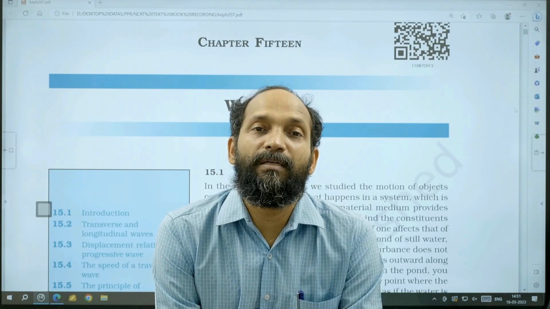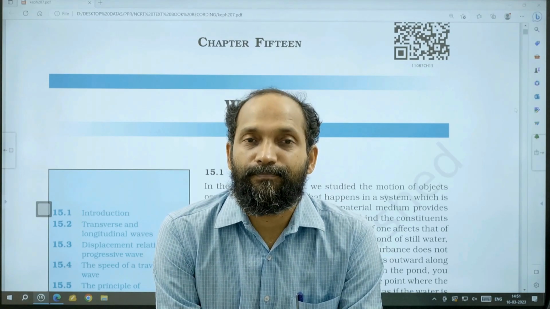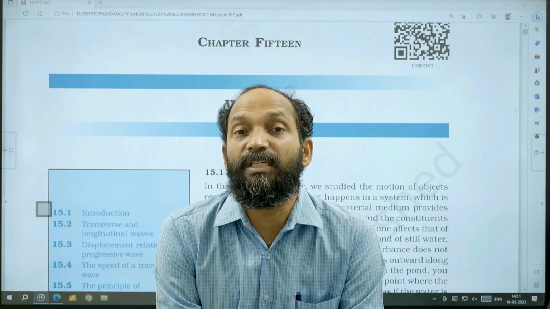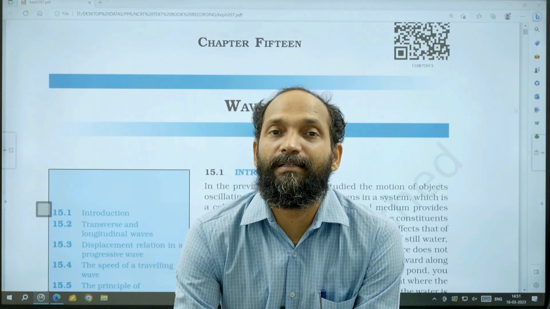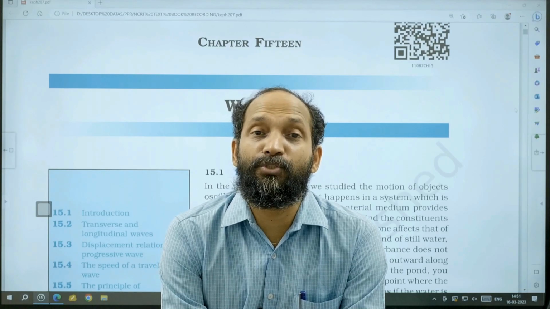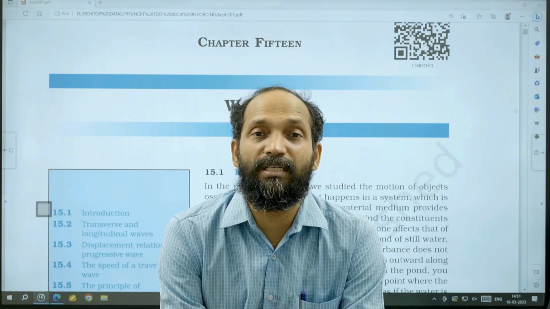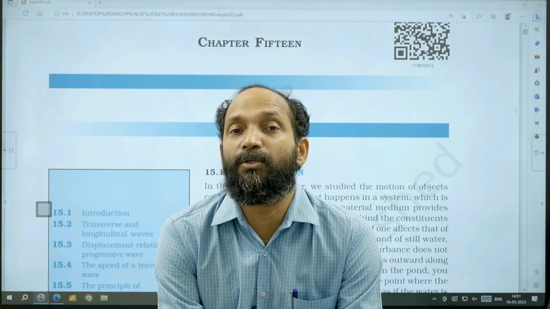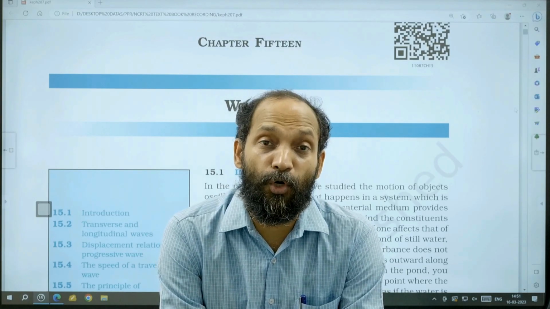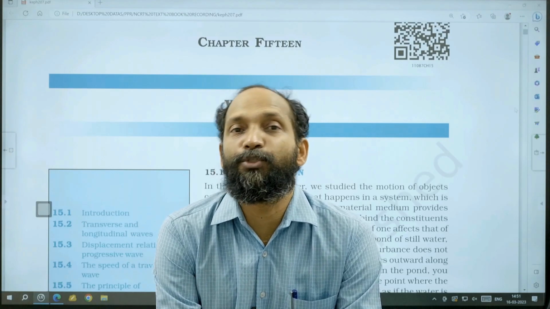Particles of the medium undergo to and fro motion. The second property is the inertial property, inertia. The particle, when displaced, tries to come back to the mean position. At the mean position, it cannot come to a sudden stop. Instead, due to inertia, it overshoots. Then it continues oscillating.